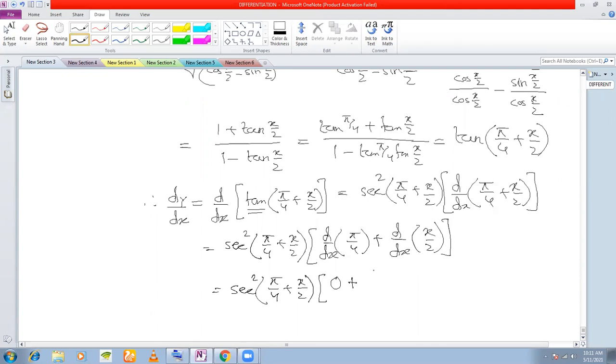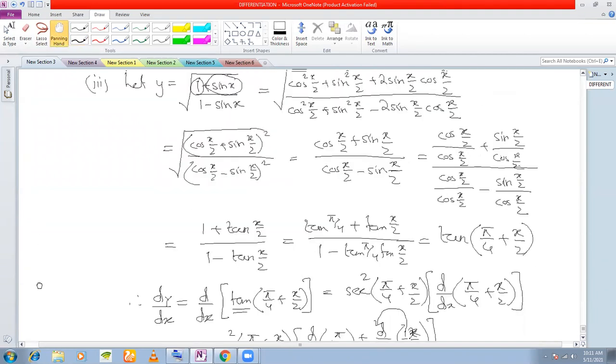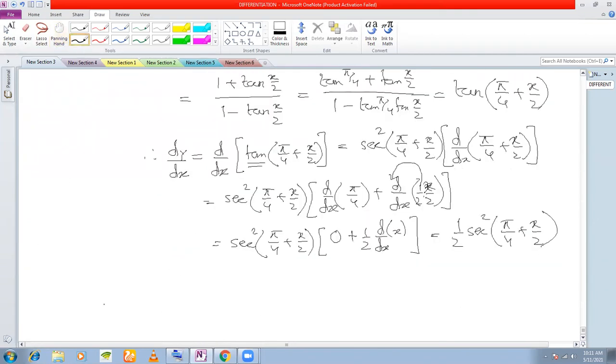Half, 1 by 2, because you can write this as half into x, isn't it? And then half you can take out. So you'll get half ddx of x, which is half. So you simply get half sec square of pi by 4 plus x by 2. And that is what your answer is. Clear? This differentiation? Or any questions on any step?